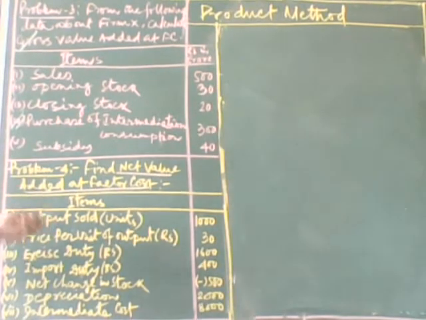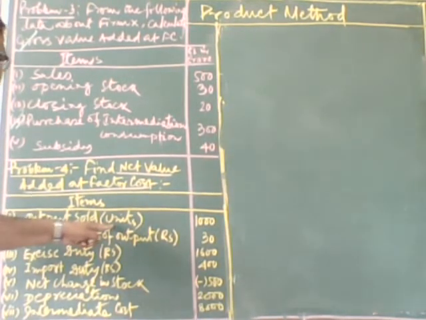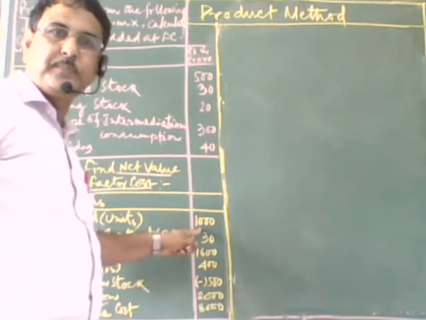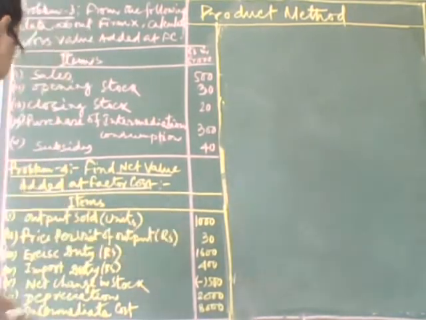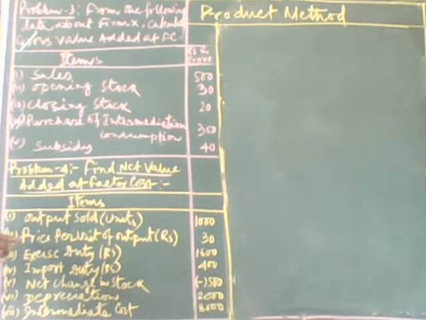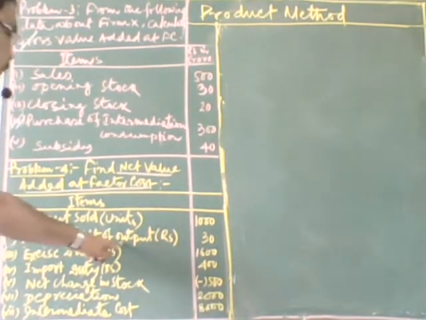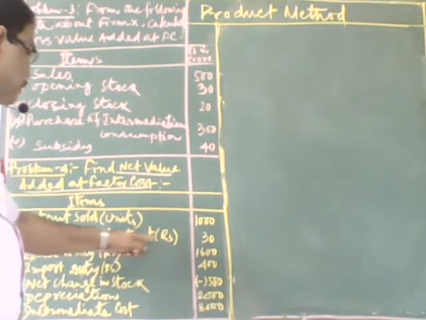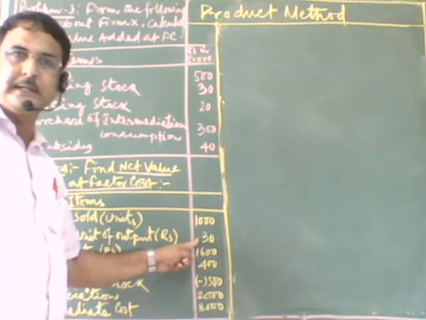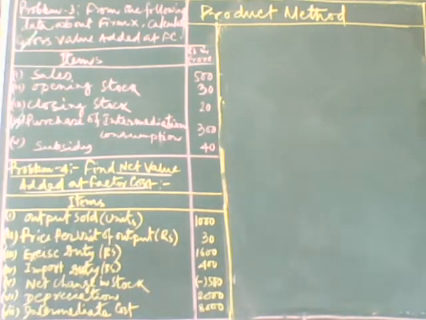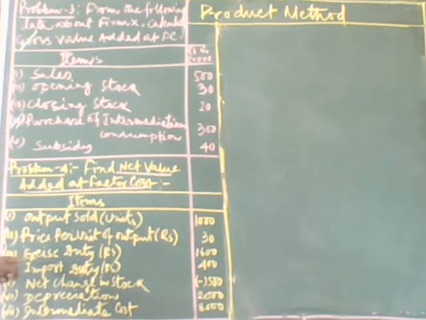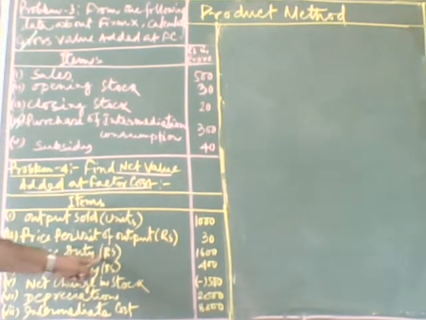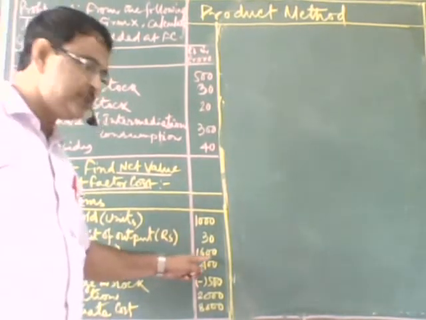Information is items. Item number 1, output sold in units, that value is 1000. Item number 2, price per unit of output in rupees, that value is 30. Item number 3, excise duty in rupees, that value is 1600.